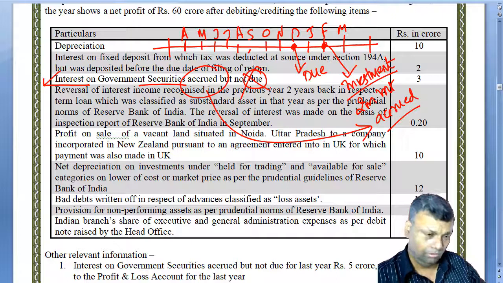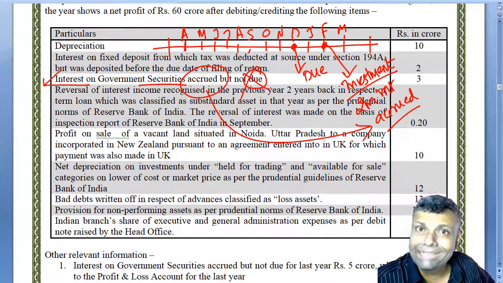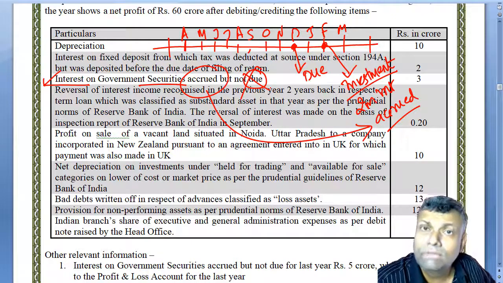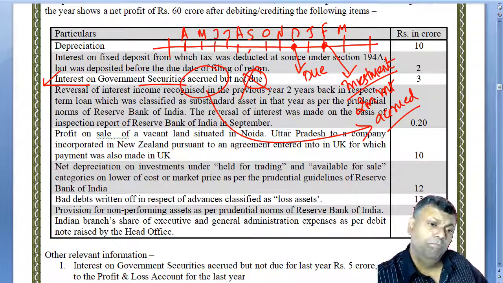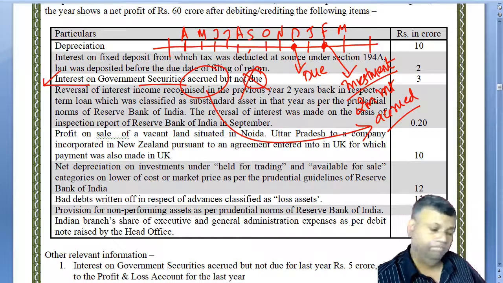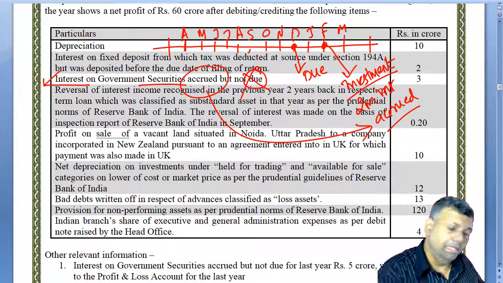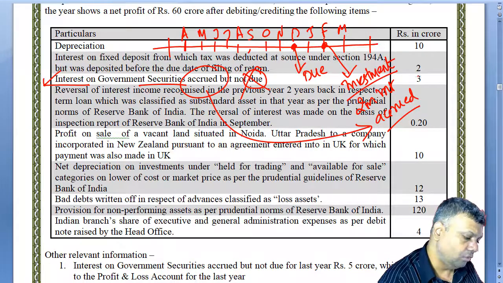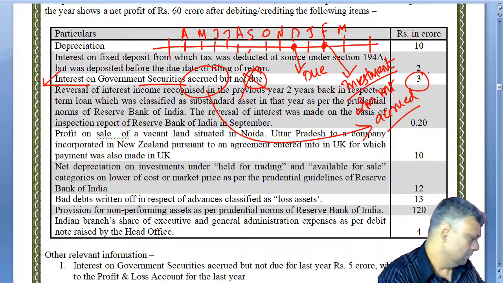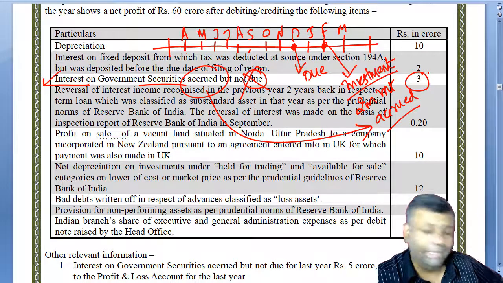But by default, where no extra inputs have been given to us, we have to understand and accept that as per sections 7 and 8, read with section 145 of the Income Tax Act, it is taxable only on the due basis and nothing is due. So at least this year there is no taxability. So in the books of accounts you have already accrued this figure of 3 lakhs, but it will not be taxable.